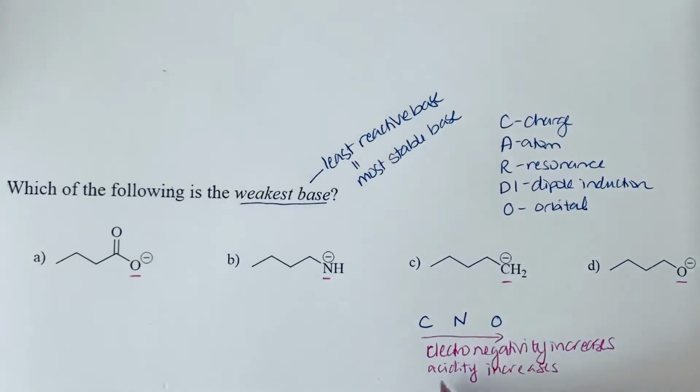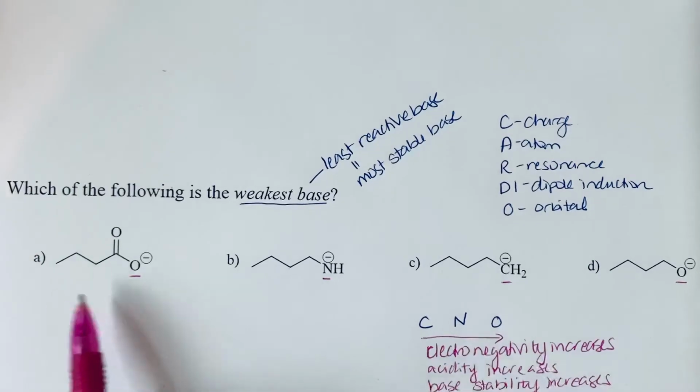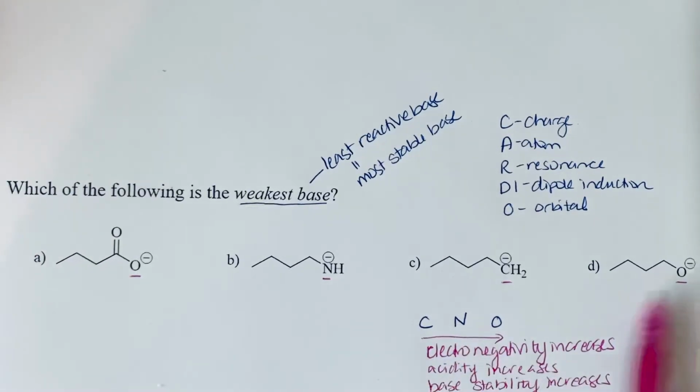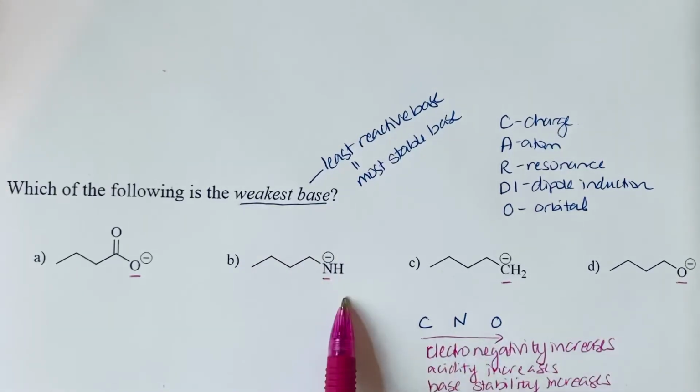We could also say that base stability increases. And a more stable base is a weaker base. That means we're going to look at the two that contain oxygen. So we're going to say this is not a weak base, and neither is this carbanion.